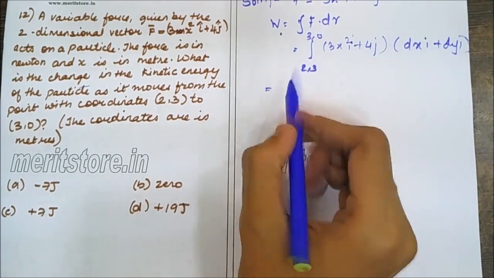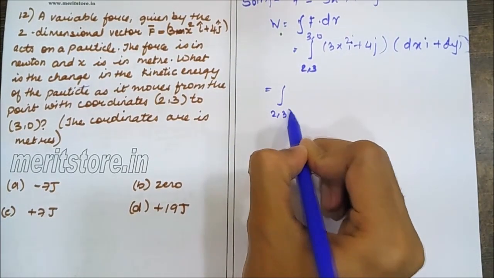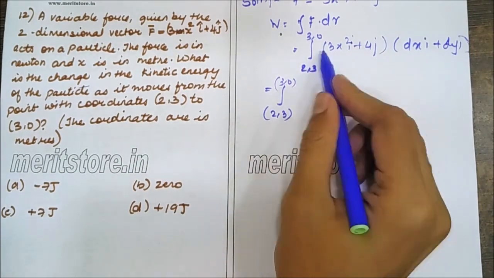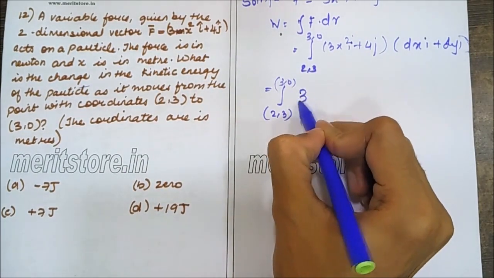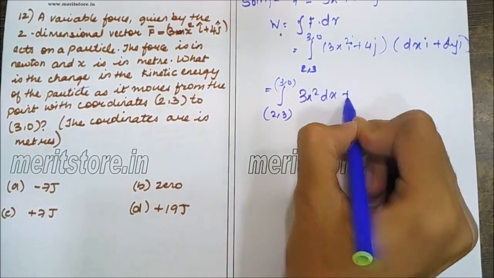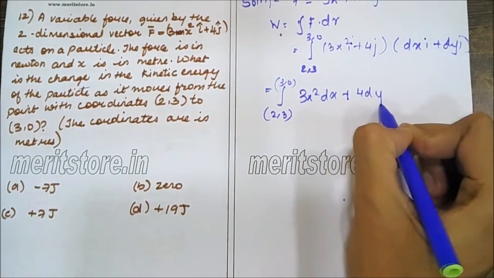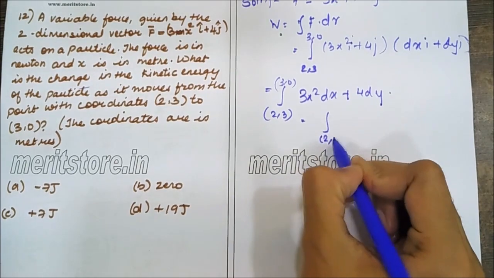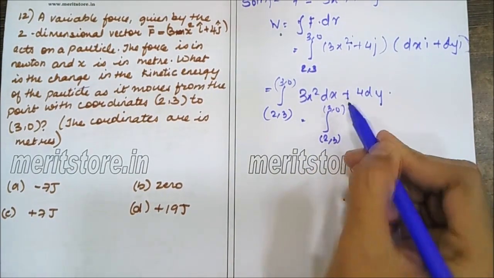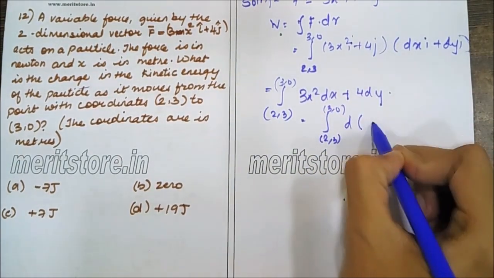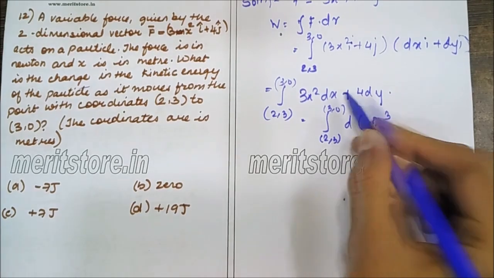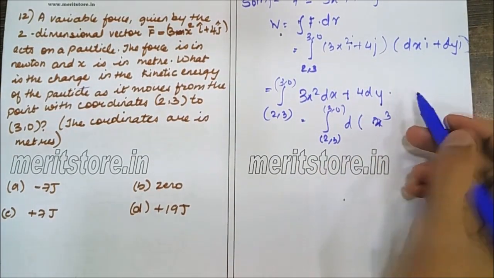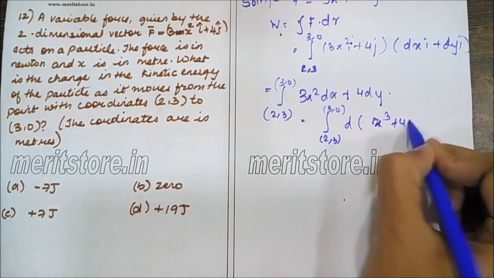So integrating from 2, 3 to 3, 0, we have 3x squared dx plus 4 dy, which equals 3x cube upon 3, so the 3 gets cancelled, giving x cube plus 4y.